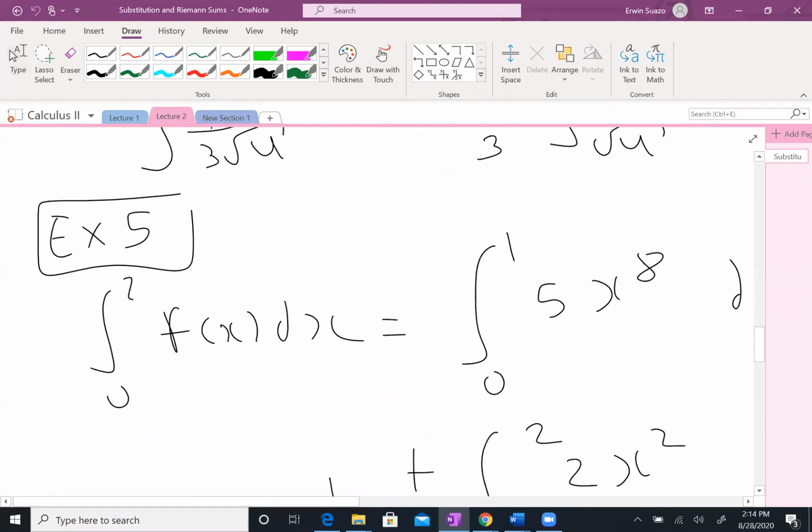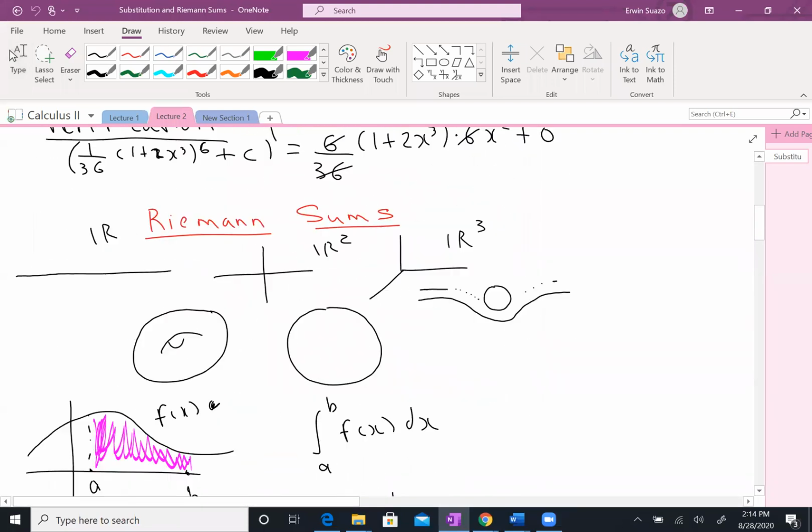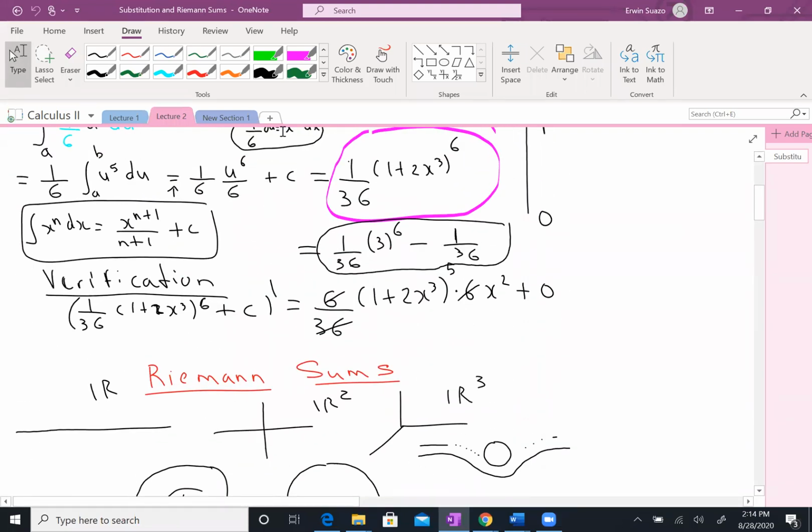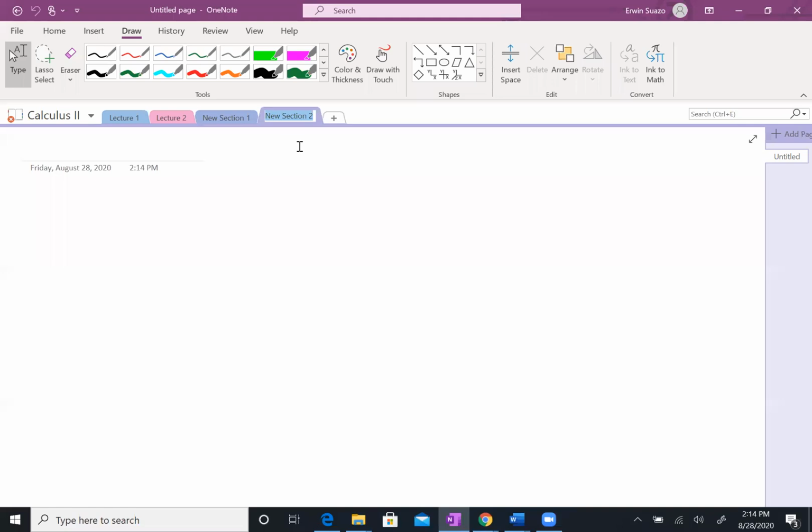Okay, so let me start a new section. Lecture 3. And we're gonna do today the midpoint rule, and the trapezoidal rule. Let's put the midpoint and trapezoidal rules.